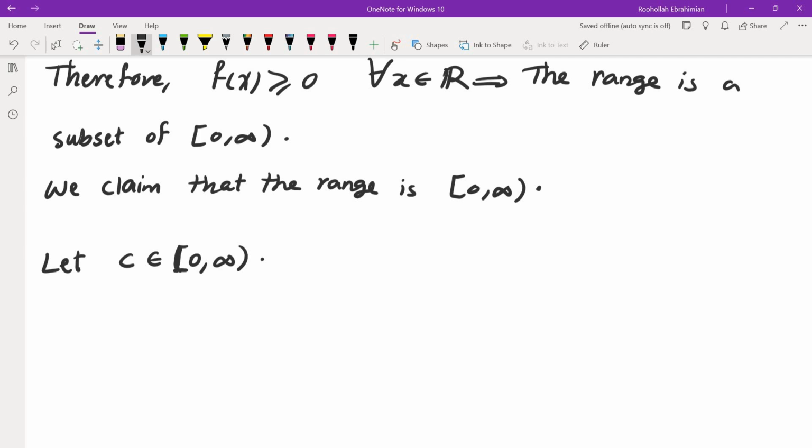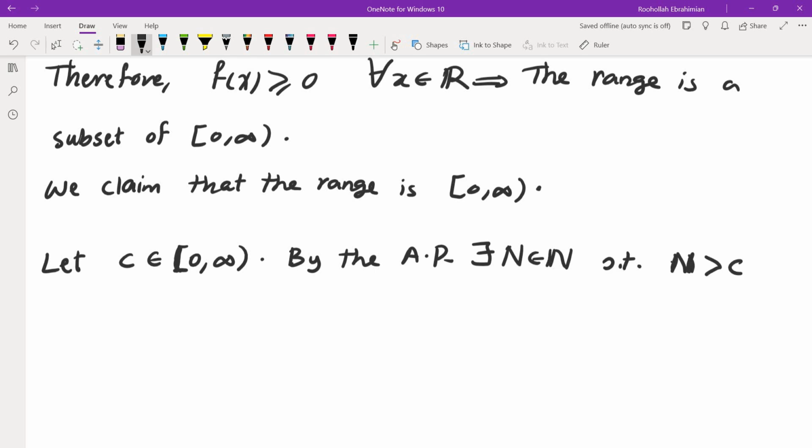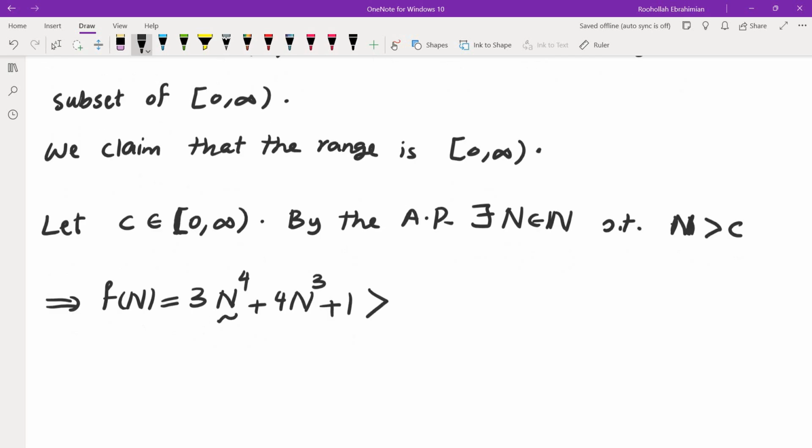So we are going to find something larger than C. By the Archimedean property, there is some positive integer n such that n is greater than C. So if you look at f of n, that's 3n to the 4 plus 4n cubed plus 1. This is greater than, I'm going to replace this one by n.